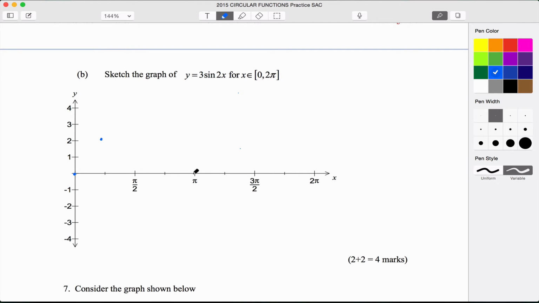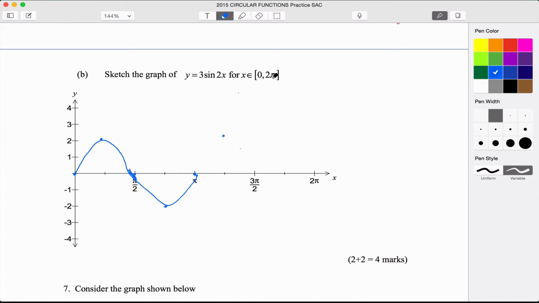It's going to finish at pi again, come back to where it started. This amplitude is 2 as well, and then we can start to join these dots up. This should go through that dot there. Yours will when you draw it.